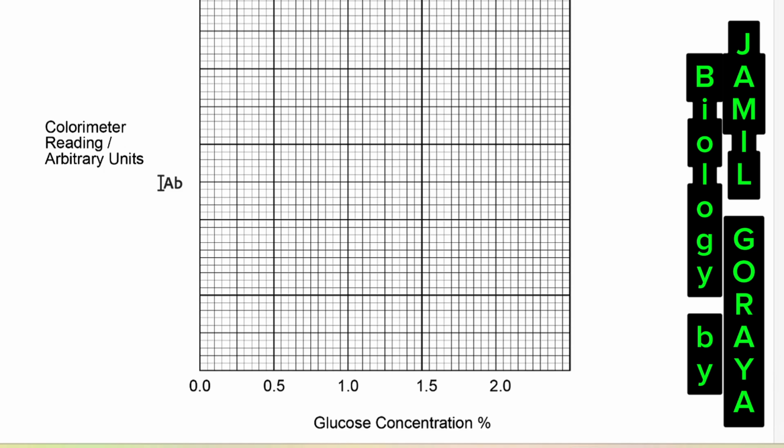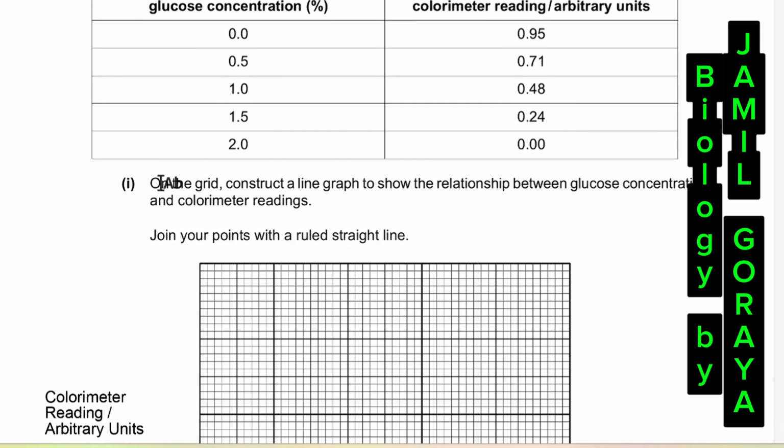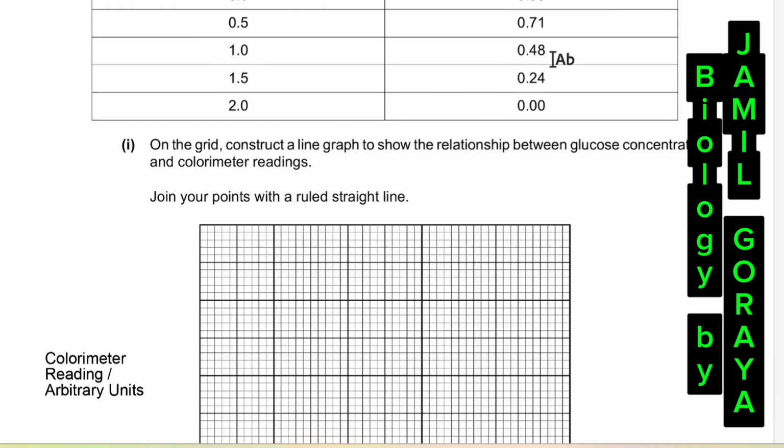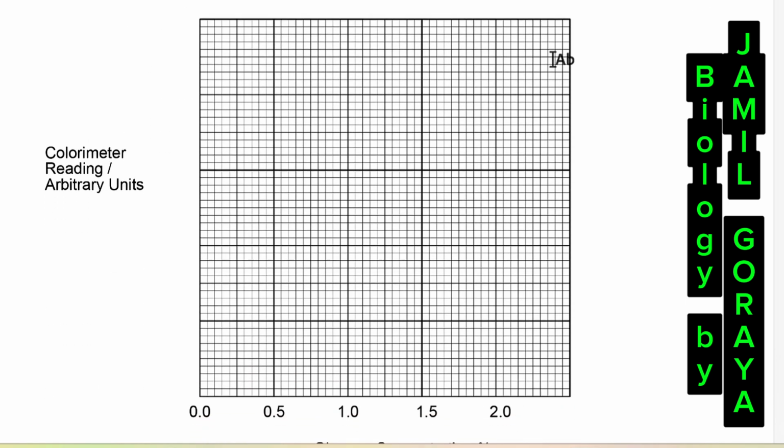On the y-axis, if we see the readings, they are starting from 0.00 to 0.95. So we will be making a linear scale. It must always start with 0, separate 0 for the y-axis. So it is 0.00.